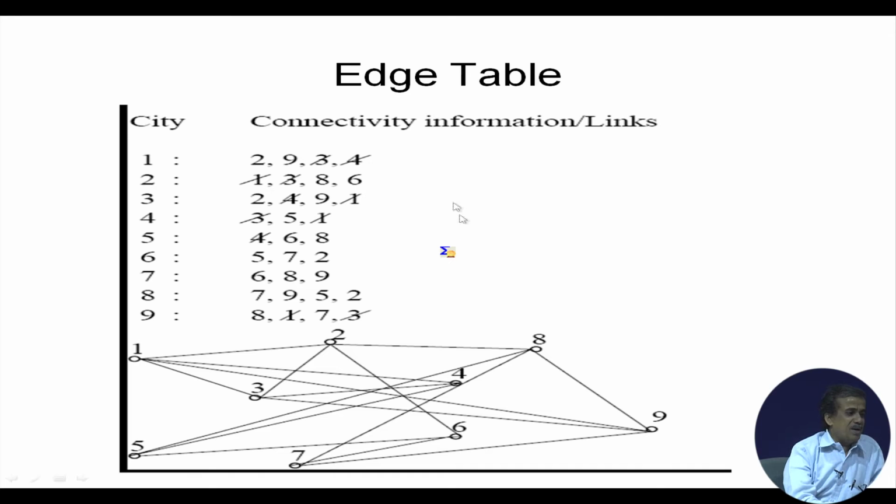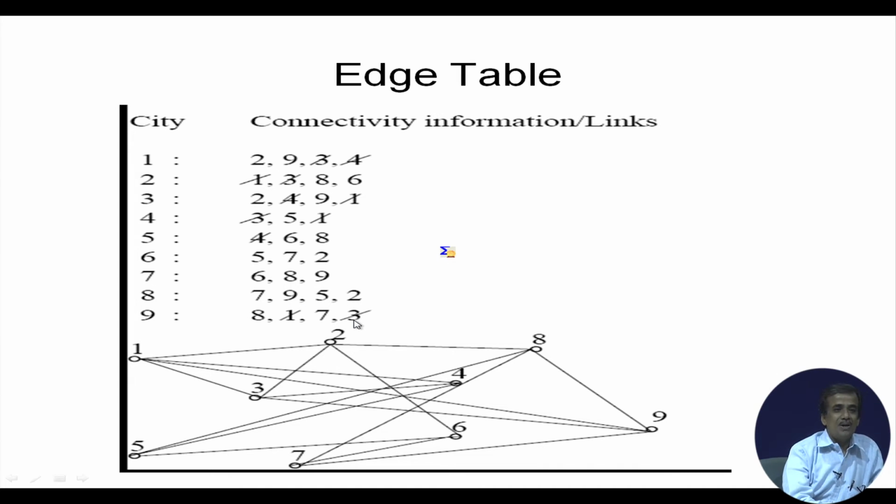Now, in this operator, there will be one connectivity graph that is called the edge table. So this is the edge table, city connectivity. You can see that city 1 is connected to so many such cities. Similarly, city 2 is connected to so many such cities, 3 is connected to 2, 4, 9 and 1, 4 is connected to 3, 5, 1, 5 is connected to 4, 6, 8, 6 is connected to 3 cities, 7 is connected to 3 cities, 8 is connected to 4 cities, 9 is connected to 4 cities.